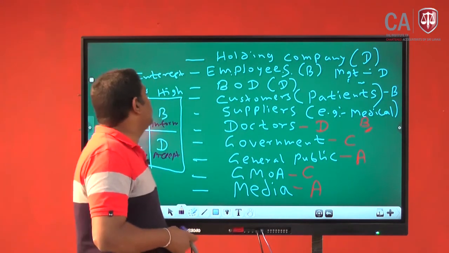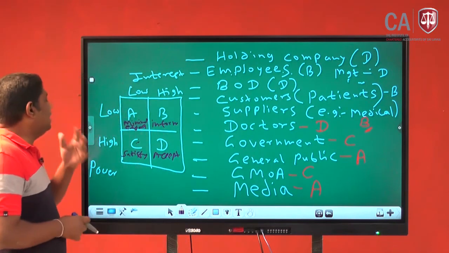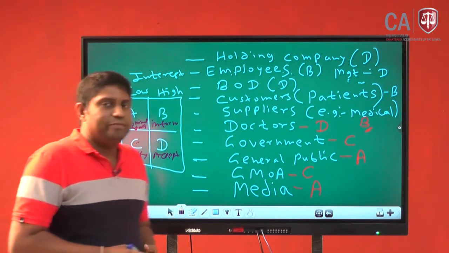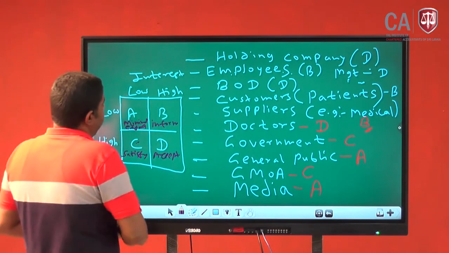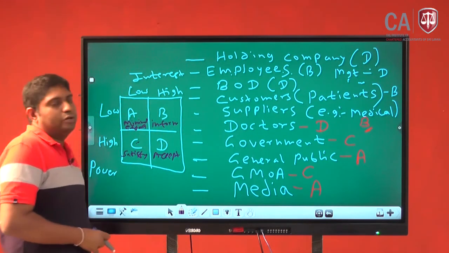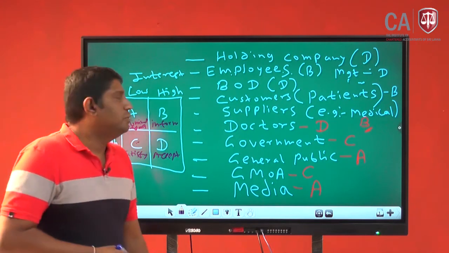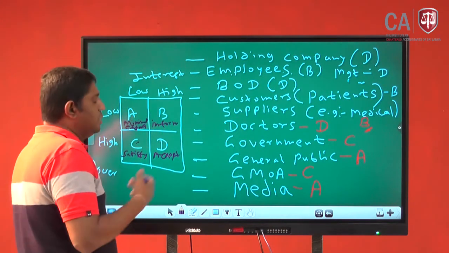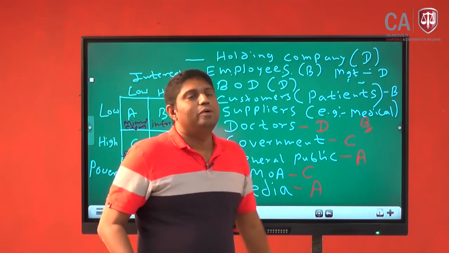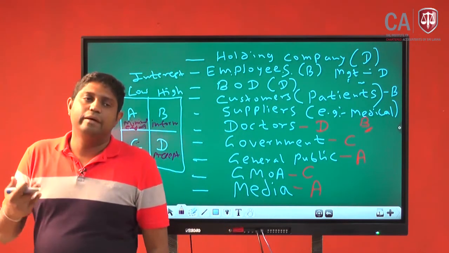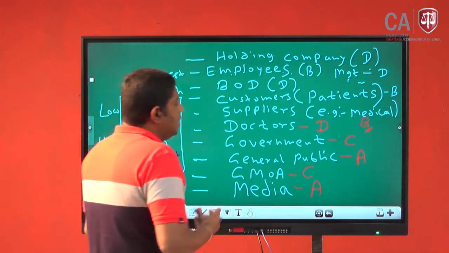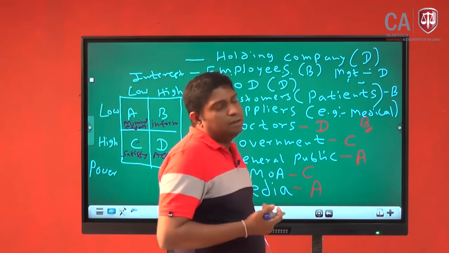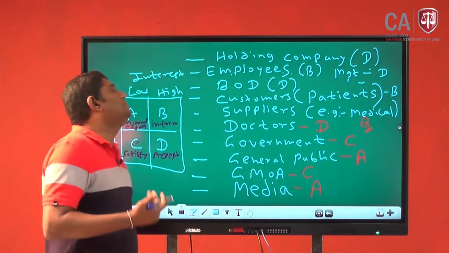If we take the holding company, for example, D, we identify them as key players, important stakeholder parties. Whatever you do should be acceptable to them. In other words, you have to get approval from them when you are implementing important decisions.